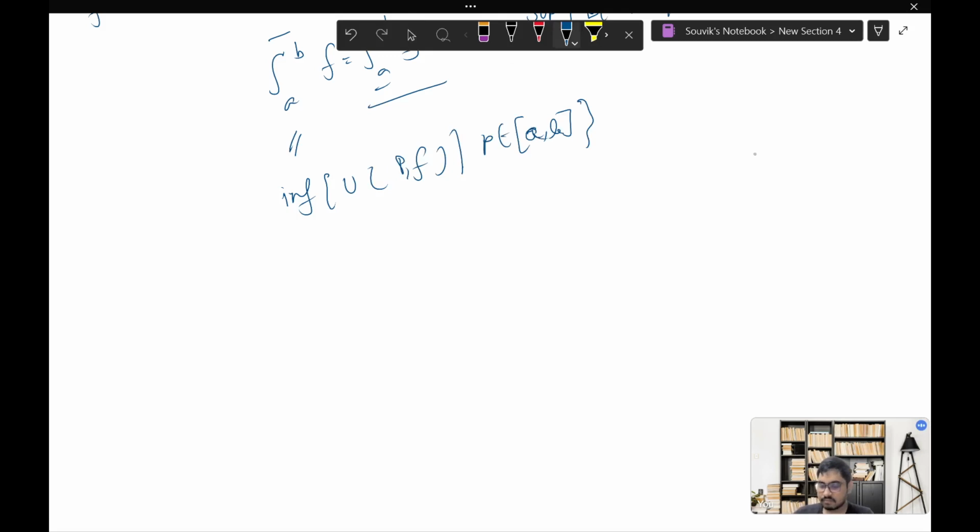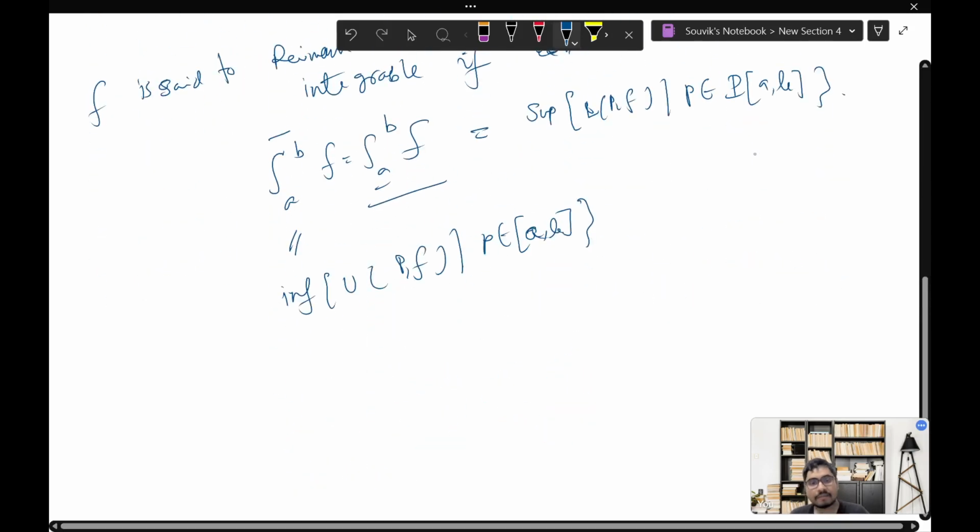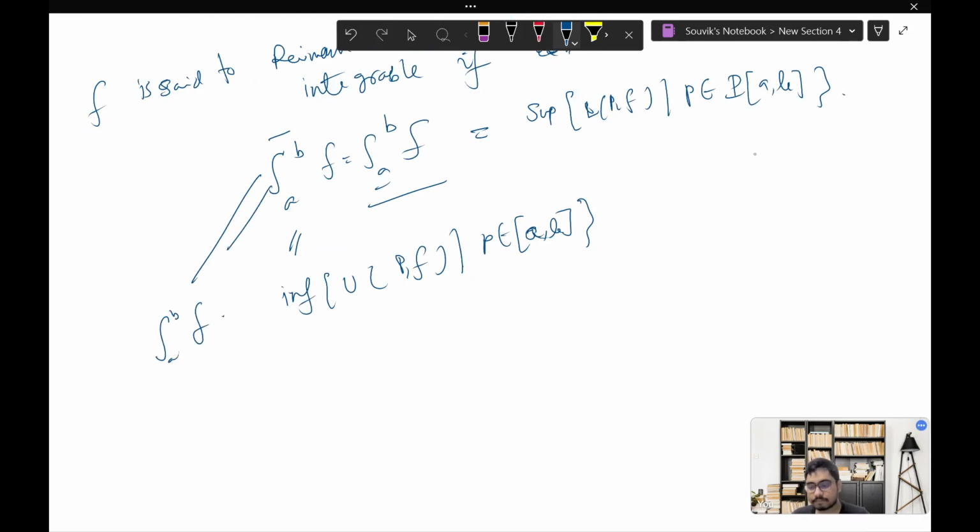The next thing is an important observation: if the function is Riemann integrable, then this common value is denoted as the integral from a to b of f.